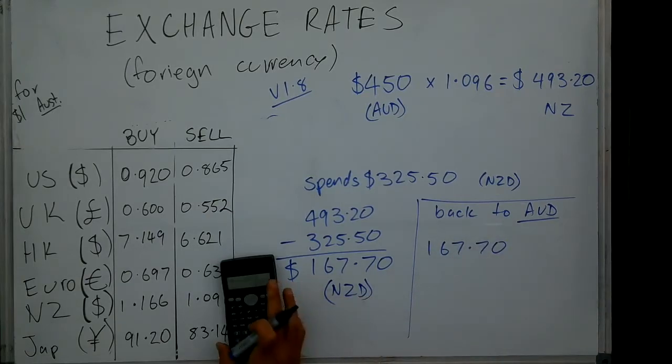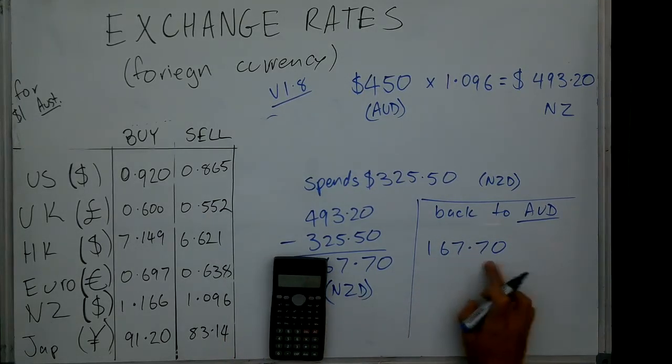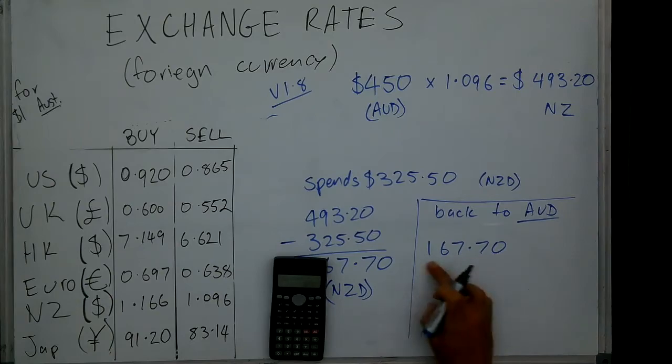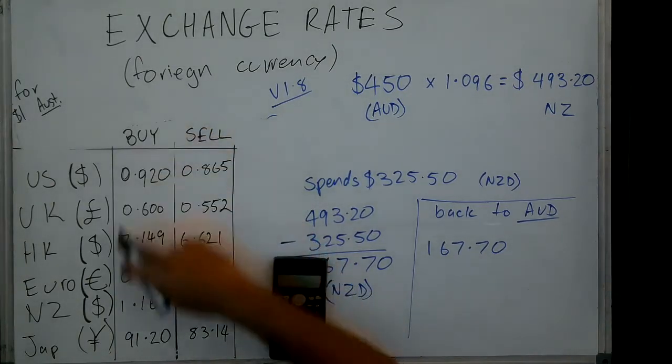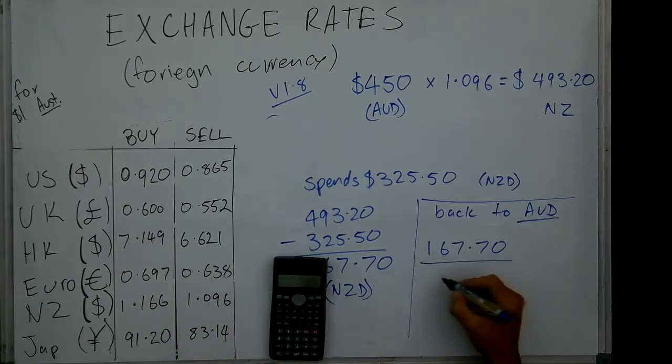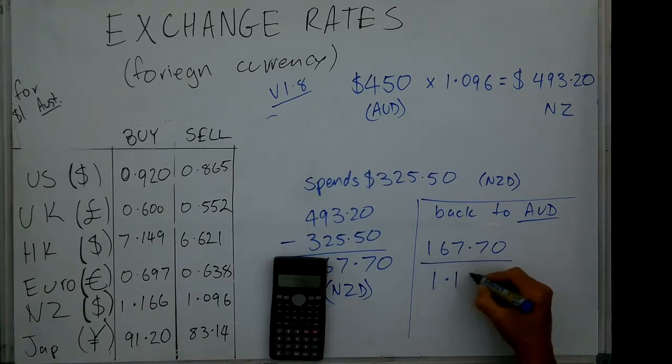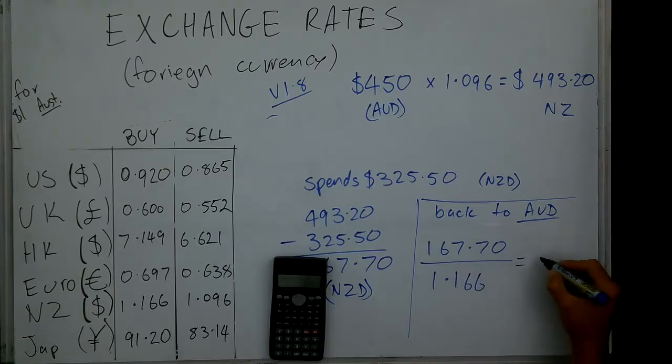So the bank is going to buy this New Zealand currency back off us. So we use the buy rate, so we're going to divide it by 1.166.